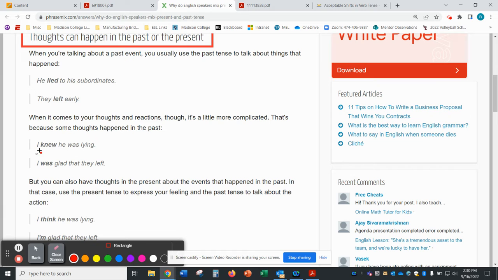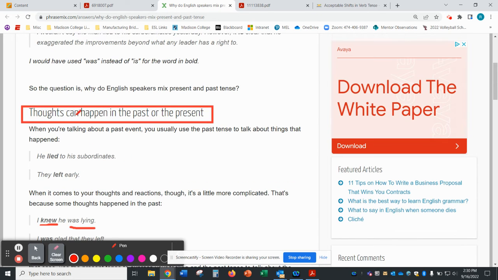So here, I knew he was lying. So here I have the simple present, and here I have the past perfect. Here I have the simple past. I was glad, along with the simple past that they left. So we think and we speak about our thoughts in the past, sometimes in the present.